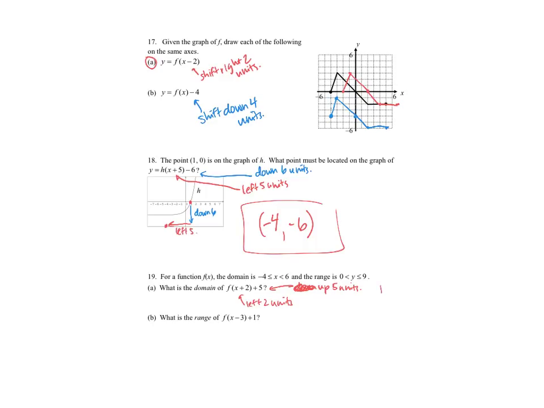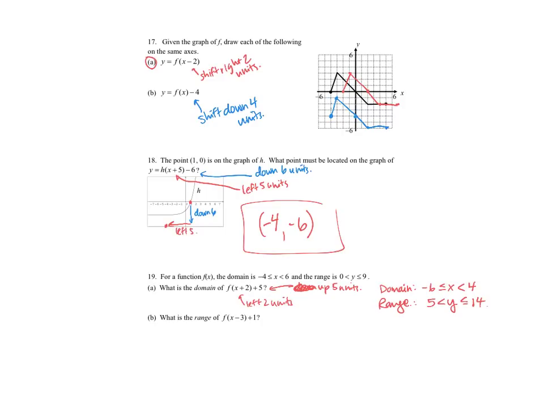So for the domain of this shifted function, I'm shifting all my x values to the left by 2 units, so it would be negative 6 less than or equal to x less than 4. My range is shifted up 5 units, so I add 5 to all those y values. My range is 5 less than y less than or equal to 9 plus 5, which is 14.